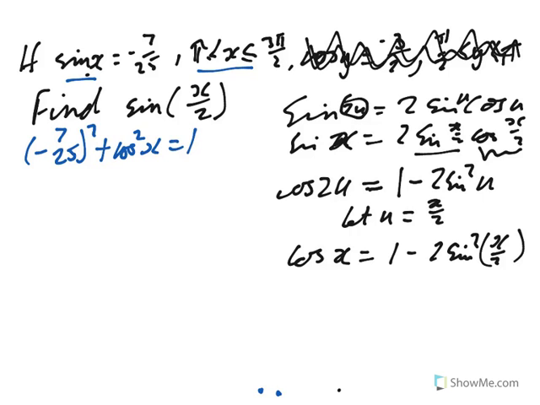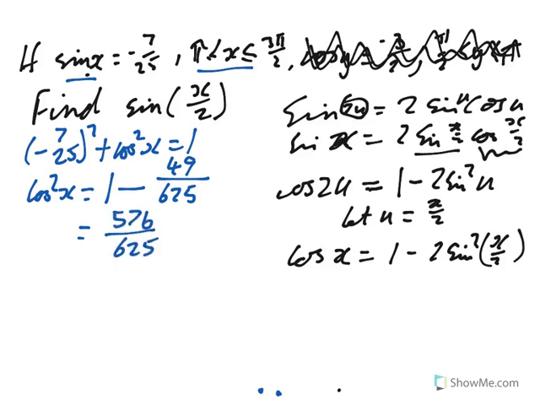So cos squared x equals 1 minus 49 on 625, which becomes 576 on 625, and square rooting that, cos x is 24 on 25, plus or minus depending on the quadrant.